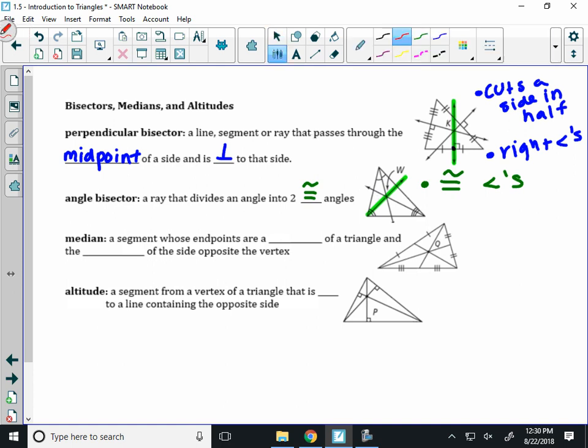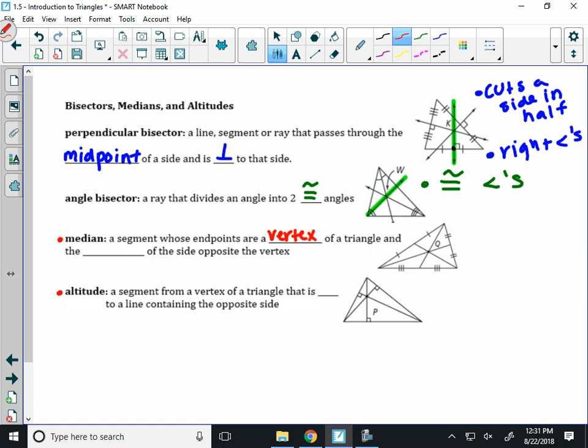Two new vocab words are median and altitude. Okay? A median, what's that sound like? Medium, a little bit. Also kind of sounds like middle. Median, middle, medium, middle. Okay? That's how I like to remember a median. It's a segment whose endpoints are a vertex, so one of the corners of your triangle.